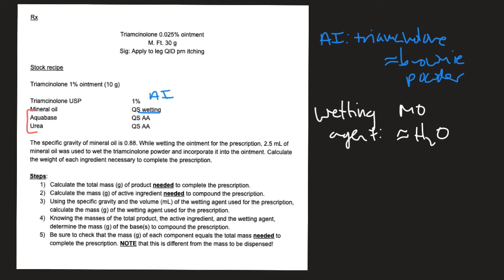Just like water in a brownie recipe adds to brownie powder to help it form a more solid component for eating later. And the bases, aqua base and urea, are there to help, number 1, add more weight to the substance, and number 2, to help dissolve the rest of the product, help it form into a more suitable ointment or cream.